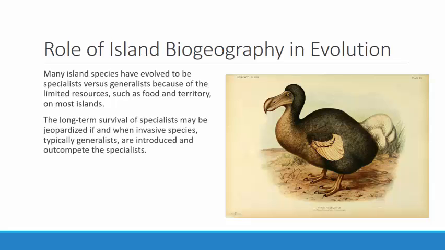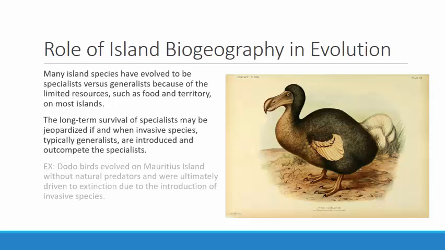Now, the long-term survival of these specialist species may be jeopardized if we have invasive species come in, because those invasive species tend to be generalist, meaning they can survive in a wide variety of habitats and they don't require such a specialized niche in order to survive. An example of this is the dodo bird.